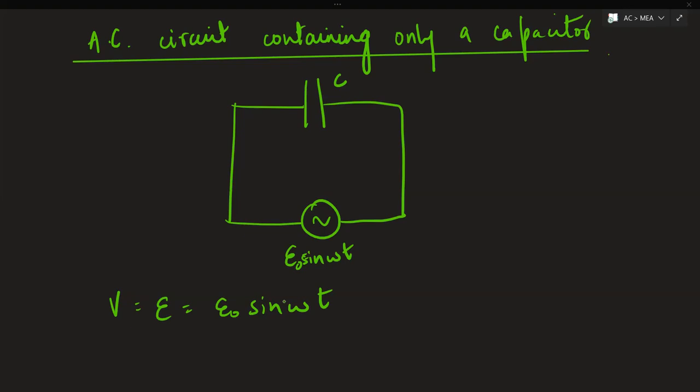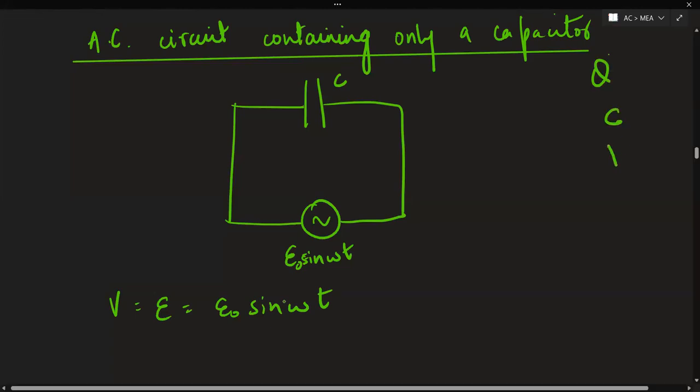There's a single formula to relate all these three. What is it? Rifat? What's the formula for charge, capacitance and potential?